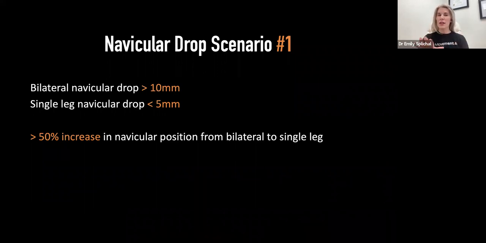Then you have the client go into a single leg stance and it lifts 5 millimeters, which means the drop in the navicular in a single leg stance is 5 millimeters, right? It went down 10, up 5, so 0 to 5 millimeters, you got 5 millimeters, right? You want to see at least a 50% increase in navicular lift when someone transfers from two legs to one leg, okay?